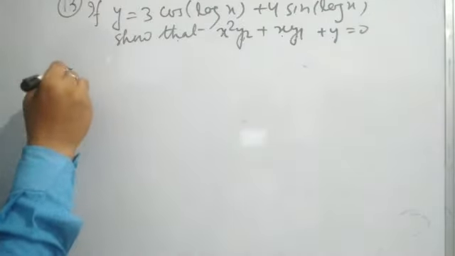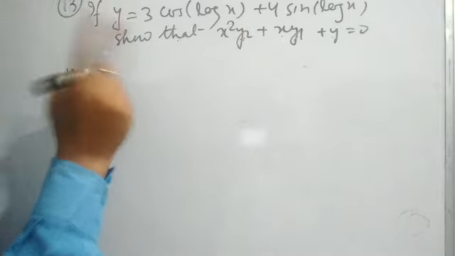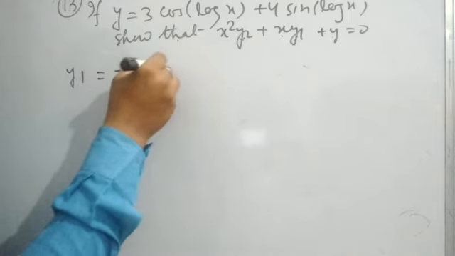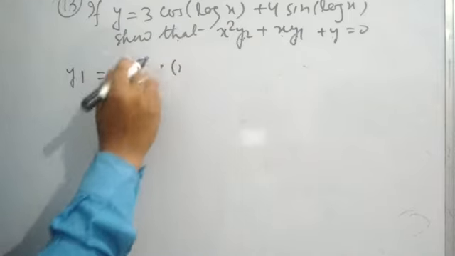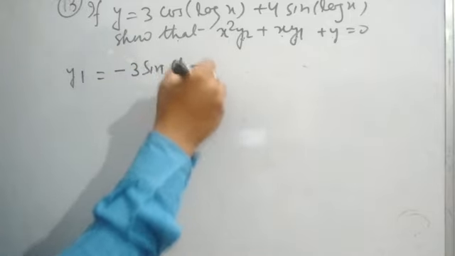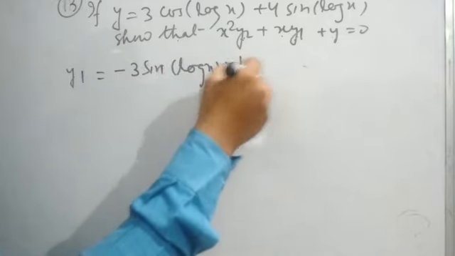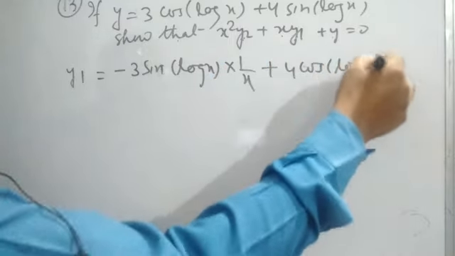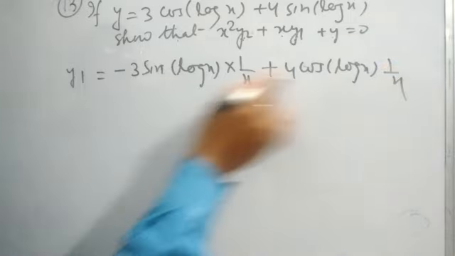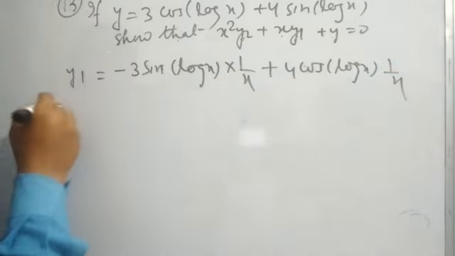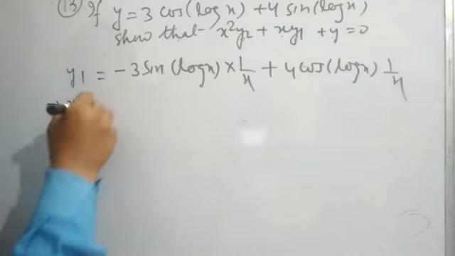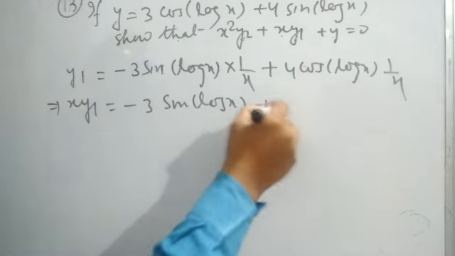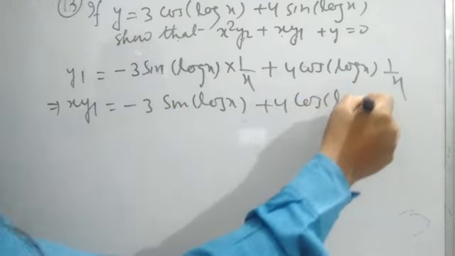So y1, that is dy/dx, will be minus 3 sin log x into the derivative of log x, which is 1 by x, similarly plus 4 cos log x, again with log x derivative 1 by x. Taking x as LCM, x y1 is equal to minus 3 sin log x plus 4 cos log x.